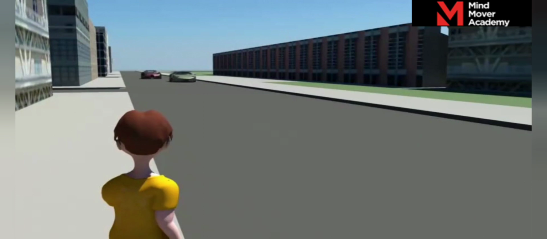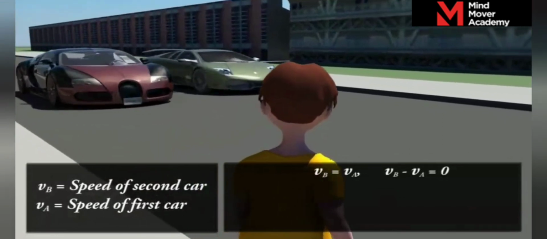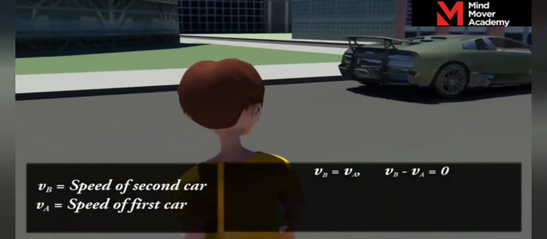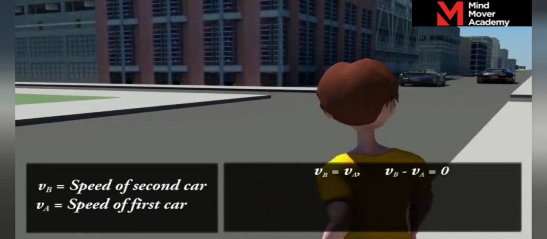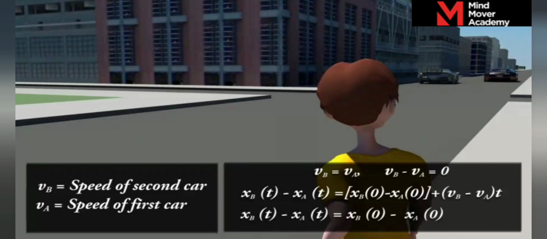Now let us consider some special cases. A. If VB is equal to VA, VB minus VA is equal to 0. Then, xB(t) minus xA(t) is equal to xB0 minus xA0 plus (VB minus VA) into t becomes xB(t) minus xA(t) is equal to xB0 minus xA0.